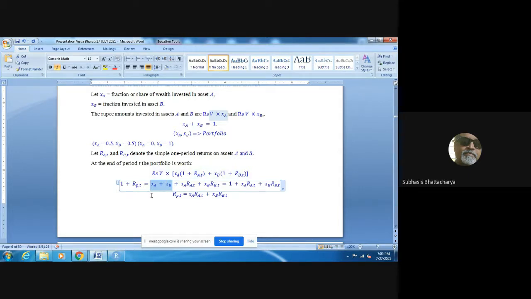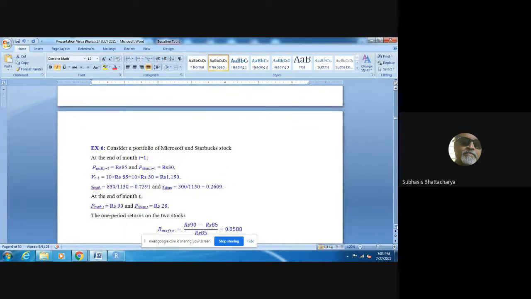So this is always equal to 1, and this part is there. So ultimately the portfolio return is just XA into RA plus XB into RB. So it is equal to the weighted average of the simple returns. It is just the weighted average of the simple returns. I'm just giving you one example.